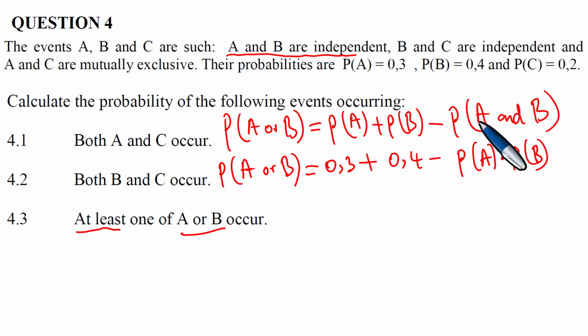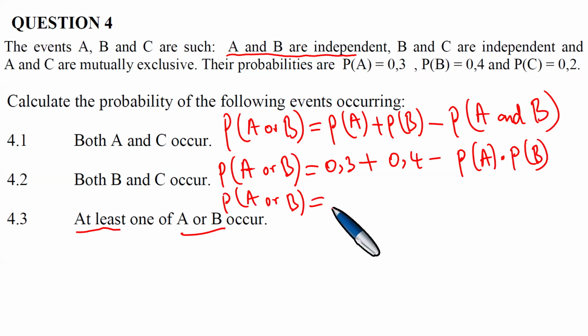Why do we multiply the probabilities of A and B? Because we know that A and B are independent events, and therefore the probability of A or B equals 0.3 plus 0.4. It's very straightforward.